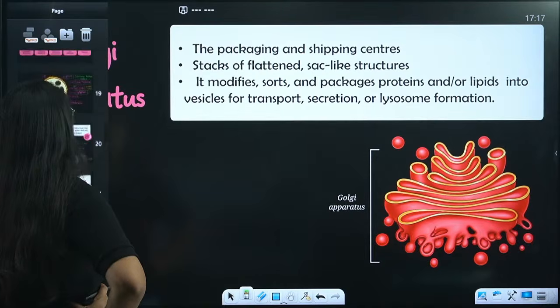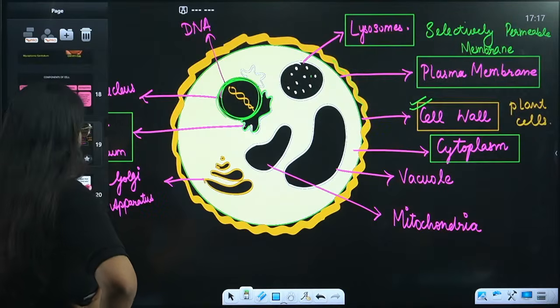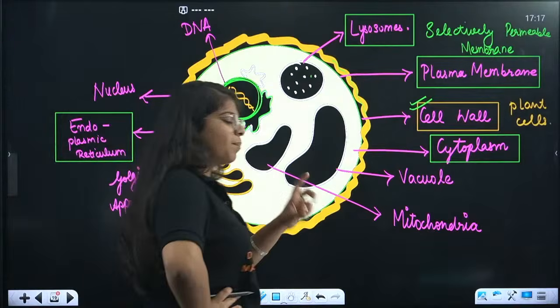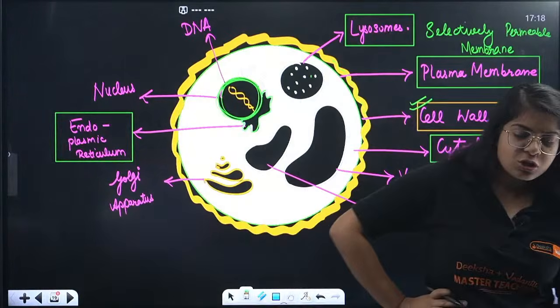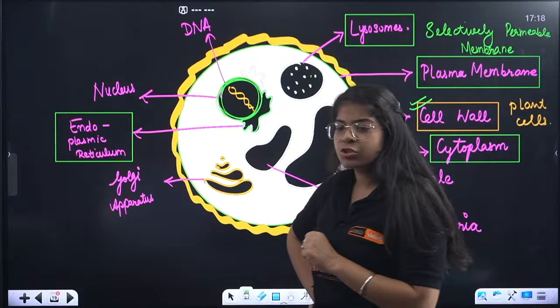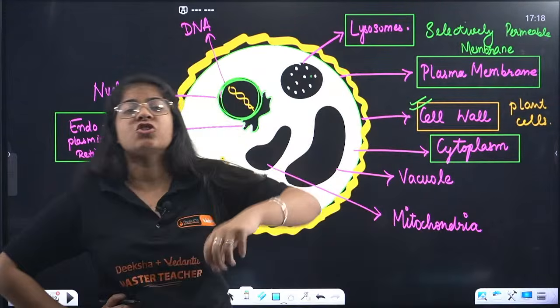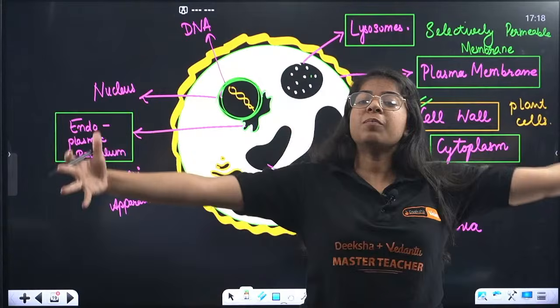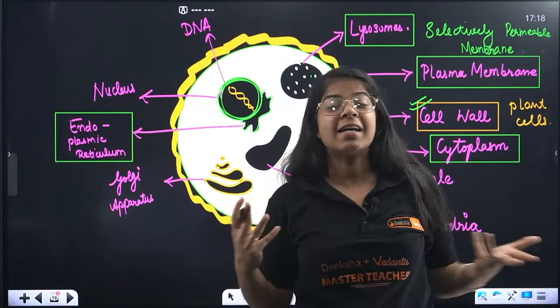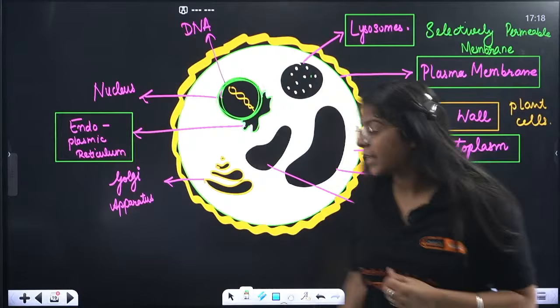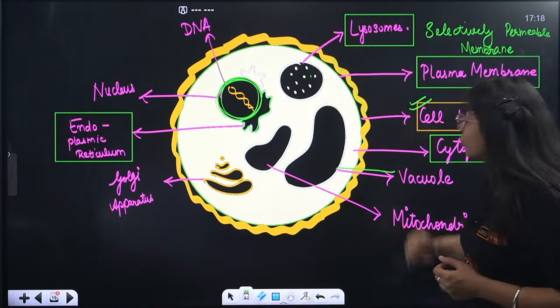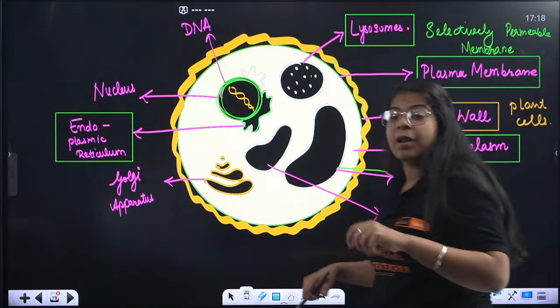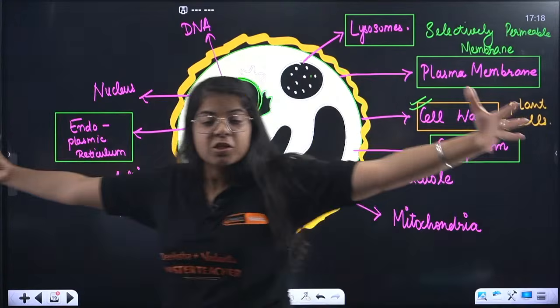Okay, let's move on to the next question. What is the part of the cell that stores minerals and gives the cell its shape, and in plant cells occupies 90% of the volume? That is our vacuole. In plant cells, the vacuole occupies 90% of the cell volume.